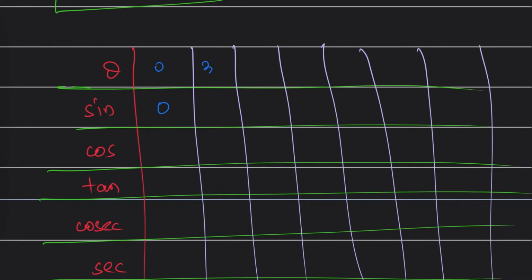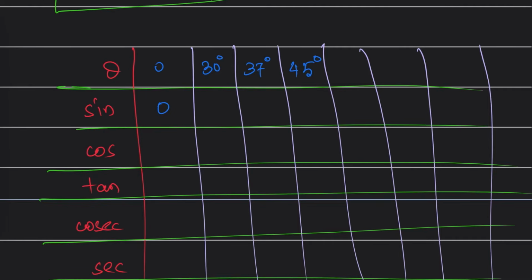Similarly 30 degree, 37 degree. You might have seen 30 degree, but this 37 is new information, and it is widely used. Now next is 45 degree, I am writing everything in degree only.